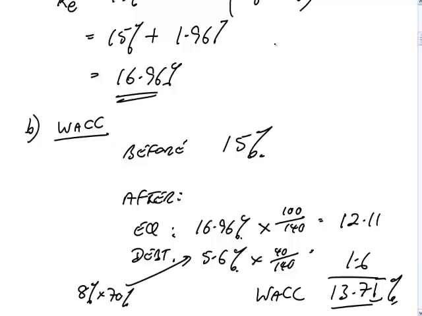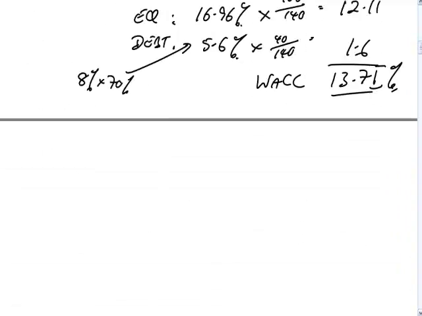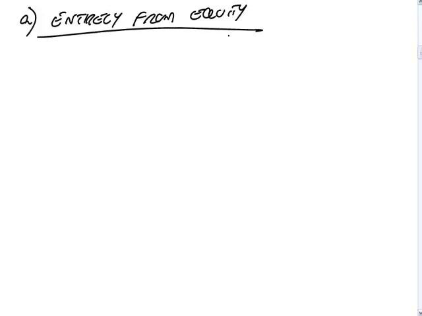So, let's have a look. First of all, A, entirely from equity. Here, exactly the same as before, with exactly the same logic. If you finance entirely from equity, you find the beta of the project.